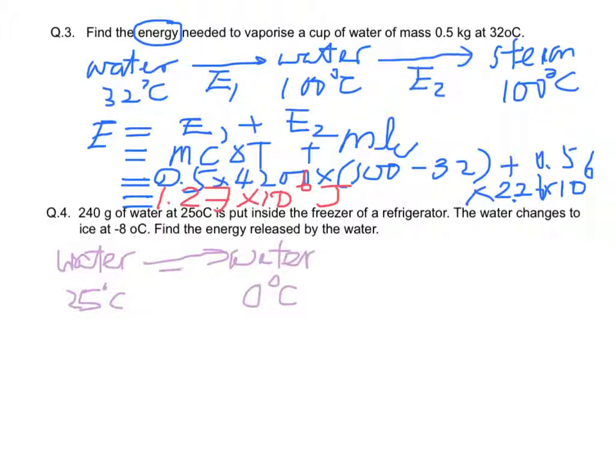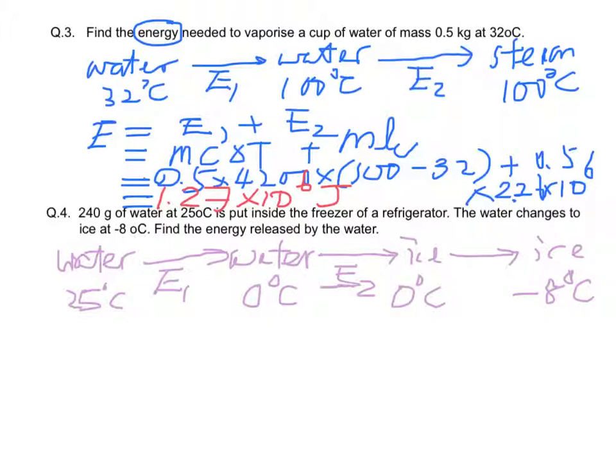In this case, the energy released is E1. Next, the water at 0 degrees Celsius is cooled down until it all changes its state to ice at 0 degrees Celsius. And the energy involved is E2. Lastly, ice at 0 degrees is further cooled down to -8 degrees Celsius. And in this case, the energy released by the ice is E3.